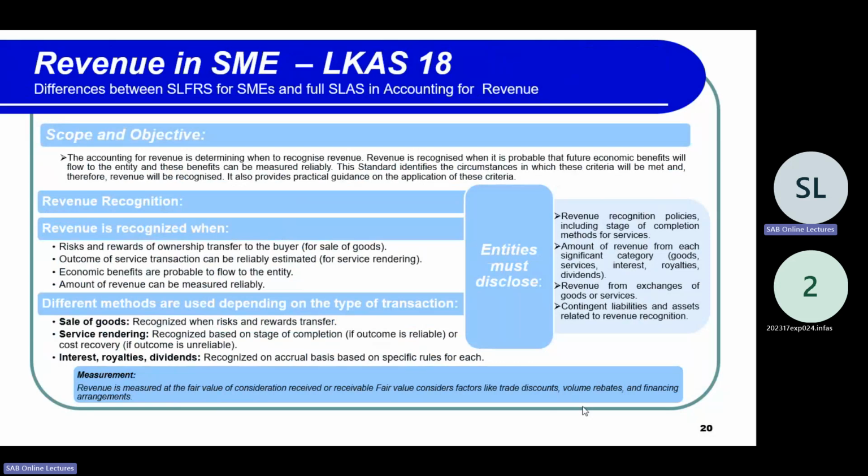It also provides practical guidance on the application of these criteria. So revenue is recognized when the risk and reward of ownership is transferred to the buyer in the sale of goods, when the outcome of the service transaction can be reliably estimated for services rendered, and when economic benefits are probable to flow to the entity.